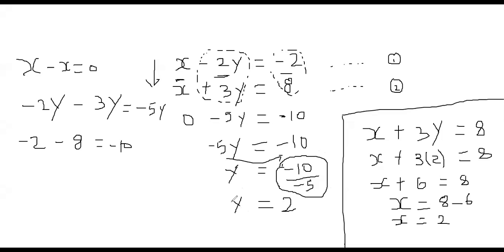We need to find both variables, and the next variable now is x. So in order to find x, we use any one of the equations and do a substitution for y. I decided to use equation 2 in this case. You can choose any one, no problem.